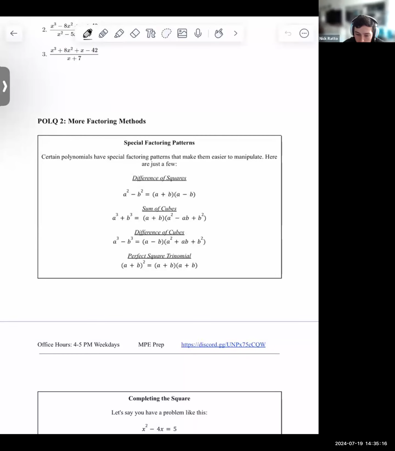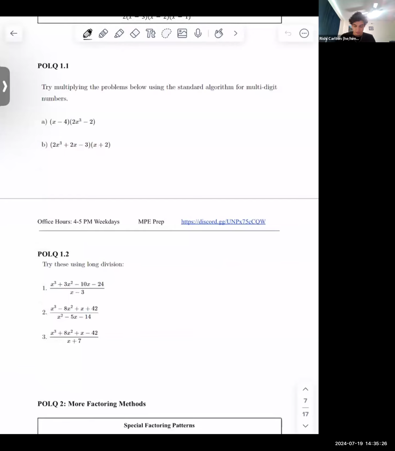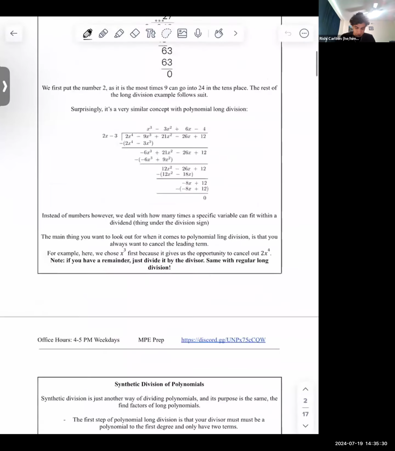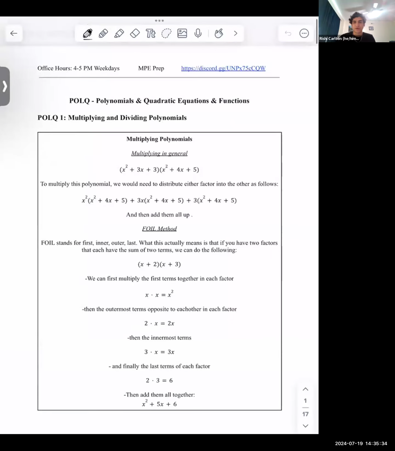As a reminder, last week, oh my gosh, yesterday, sorry, my bad, Nick over here covered all of this. So talking about multiplying and dividing polynomials in a variety of ways.